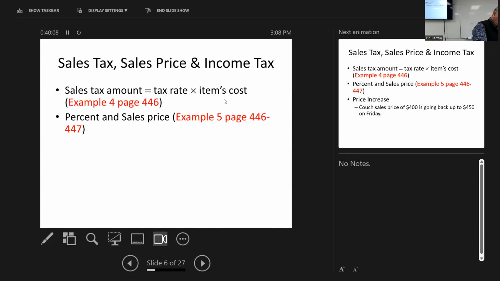15%, I convert that to decimal. So I'm going from percentage to decimal. I move the decimal point 2 places to the left. It becomes 0.15. Multiply by 1460, you get the answer 219. So you save $219.